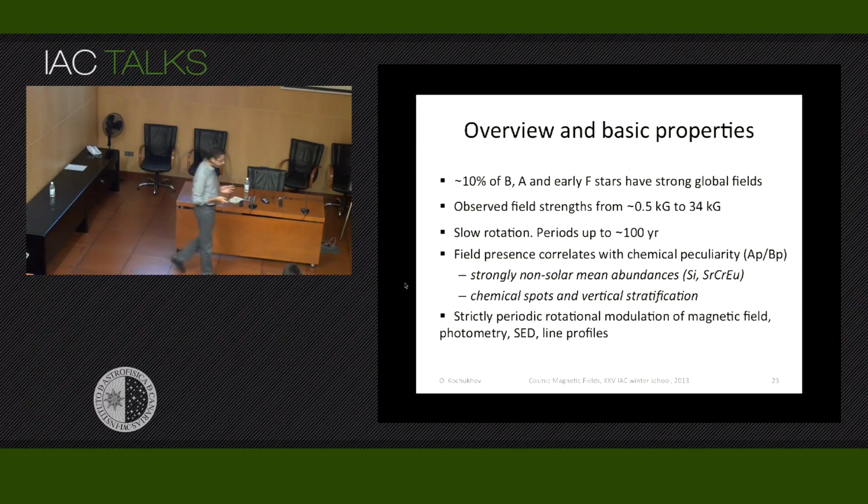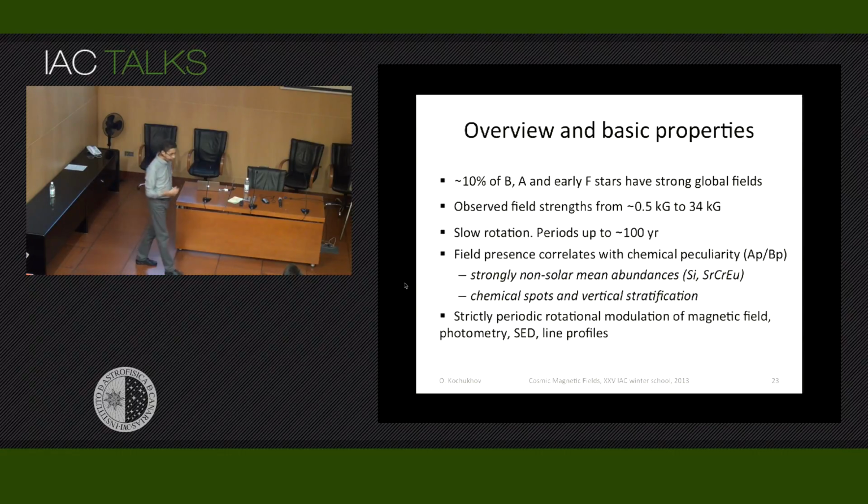And they exhibit strictly periodic variability. Everything varies. The spectrum varies. Magnetic field observables vary. Photometry of these stars varies. Spectral energy distributions and individual line profiles. But all these observables change in a very stable fashion with exactly the same period, presumably the rotation period of the star.